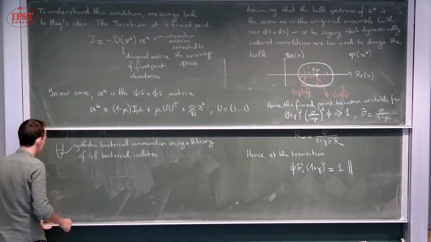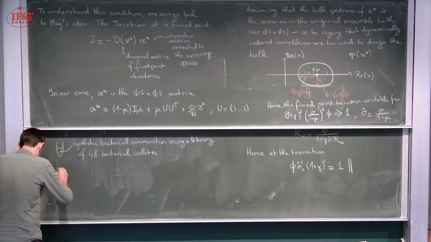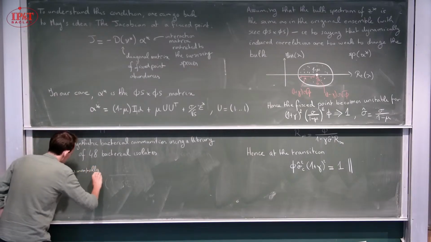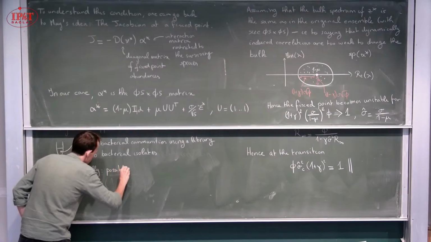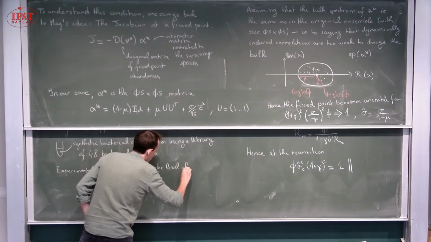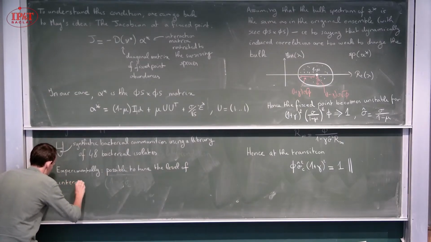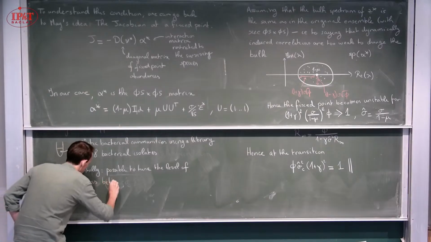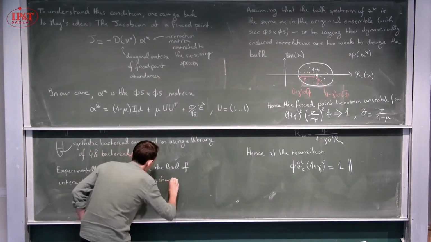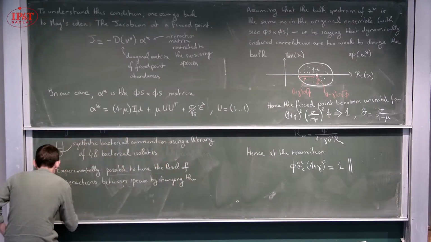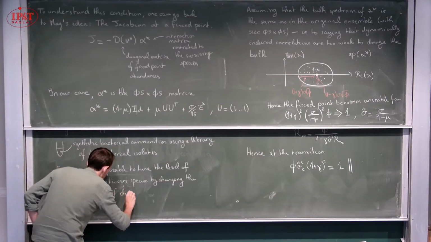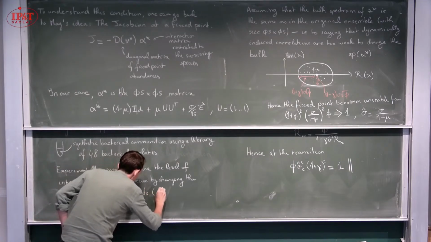And what's a bit the tour de force of this work is that experimentally, they can tune the level of interactions between species by changing the concentration of chemicals in the medium, mainly glucose.